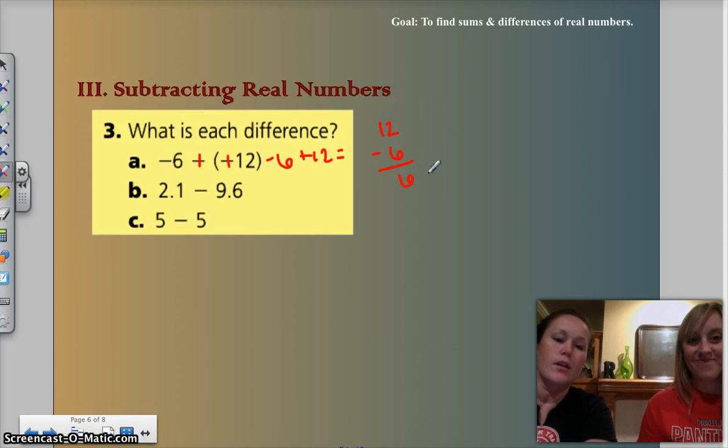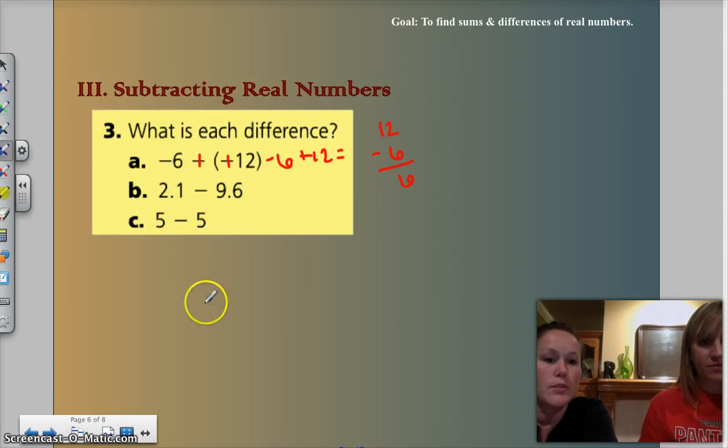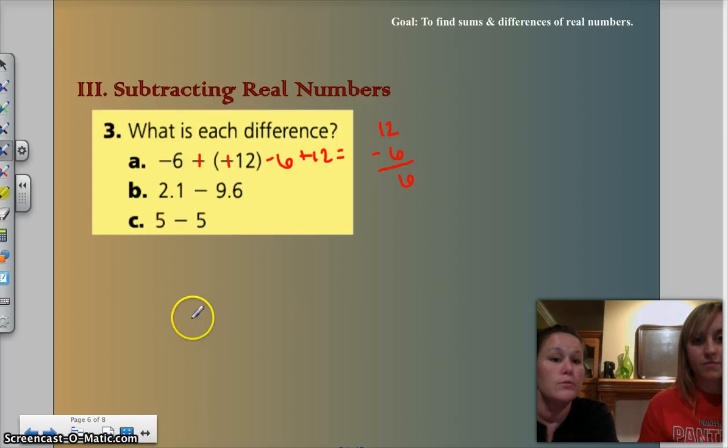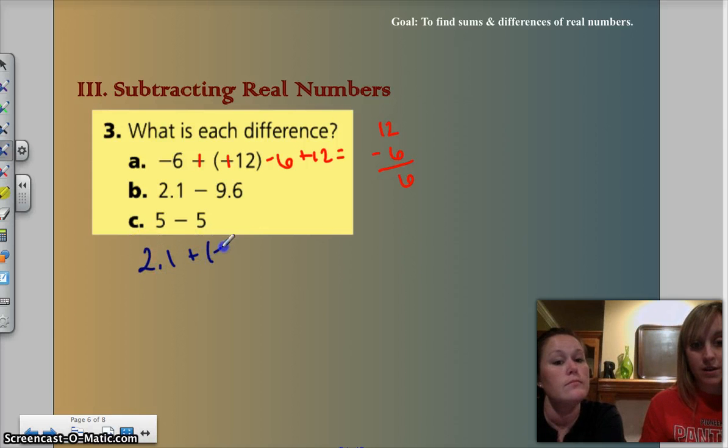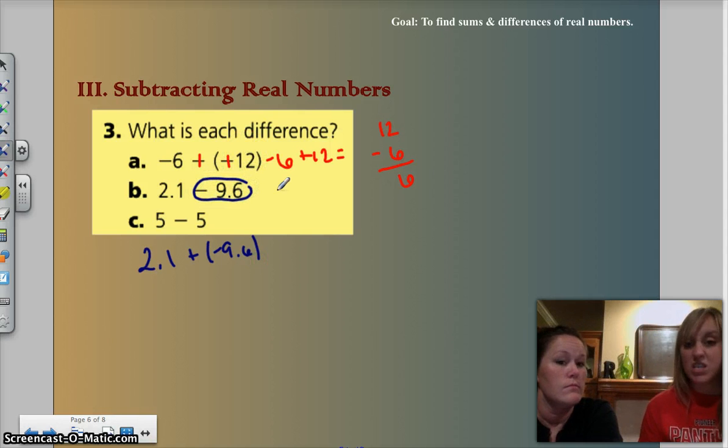There you go. All right, 2.1 minus 9.6. Change it to plus negative. So you can change it to 2.1 plus negative 9.6. Or if you just look at that number alone, you can see that it's negative 9.6. The minus sign can be both a minus sign or a negative sign.